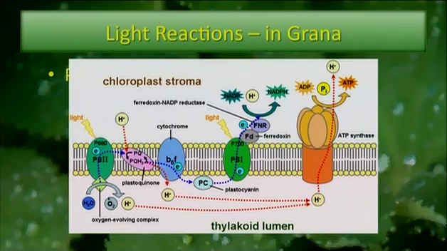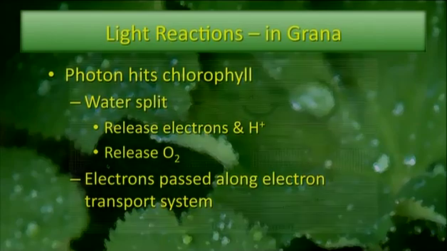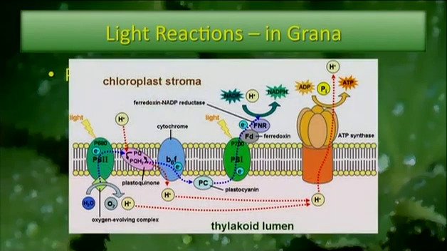This all comes from water: oxygen gas, hydrogen ions, and electrons. Now then, the electrons are passed along an electron transport system, and the electrons, of course, come from the split water molecules. So here's the electrons. They're passed from an electron acceptor, P680, which we'll talk about later, to other electron acceptors, and so on.